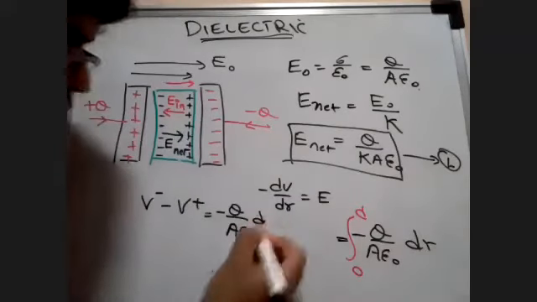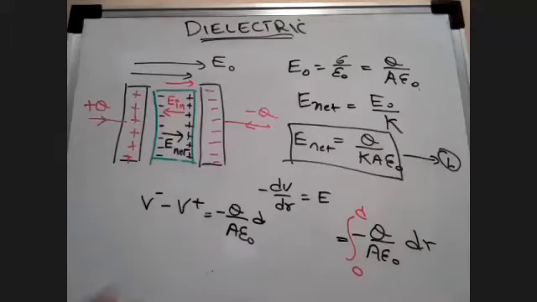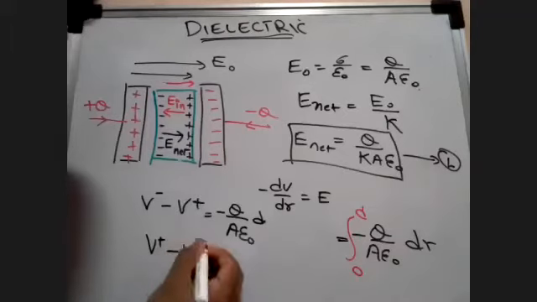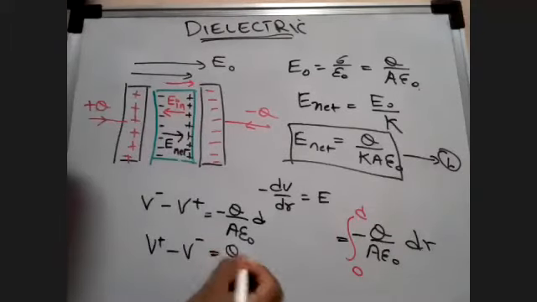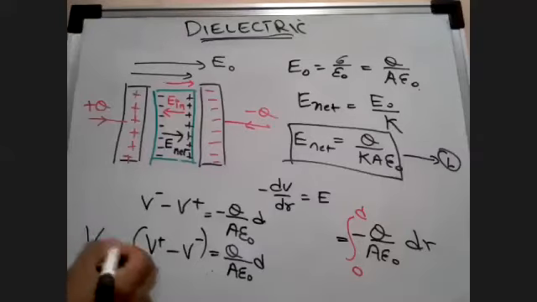Now if you interchange the symbols, V plus minus V minus is equal to positive Q upon A epsilon naught d. Finally, we can take this potential difference to be just V. So V is equal to Q upon A epsilon naught d.